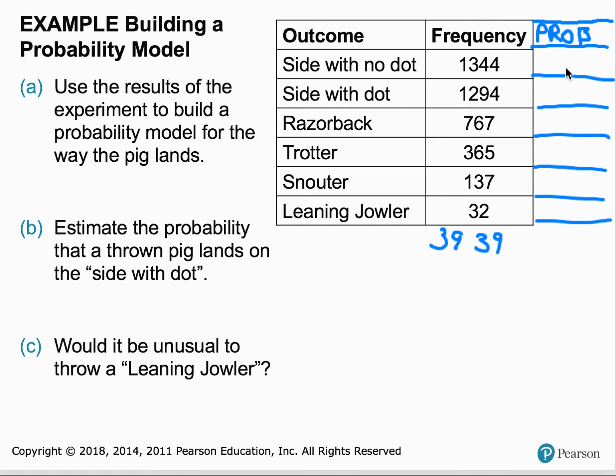So to find the probability that it landed on a side with no dot, it's just 1344 divided by 3939. Let's round to 4 decimal places. So this is 0.3412. The probability it landed on a side with a dot is just 1294 out of 3939. So 1294 divided by 3939, 0.3285.